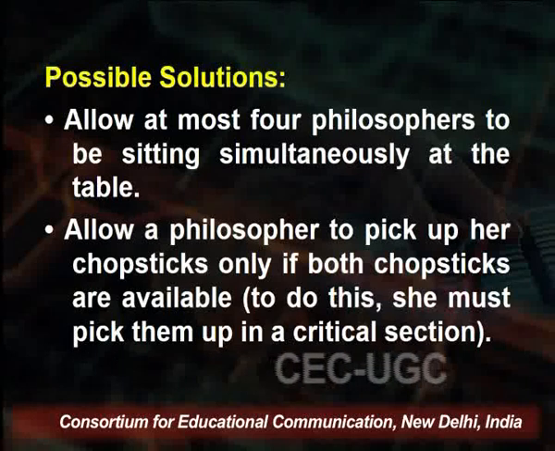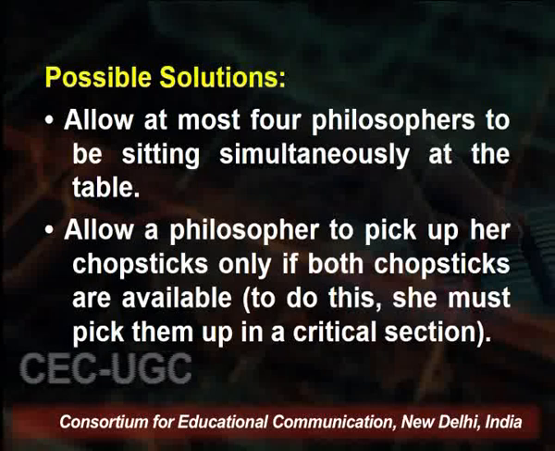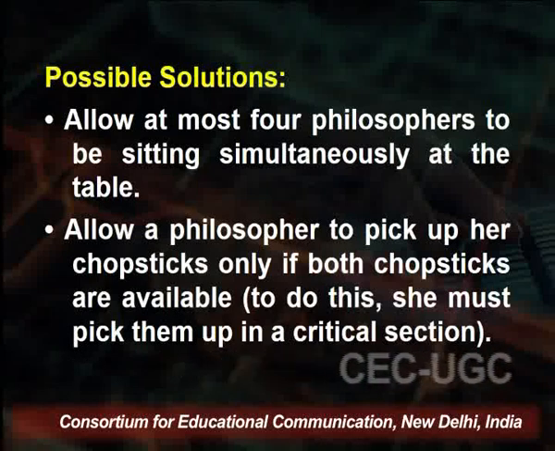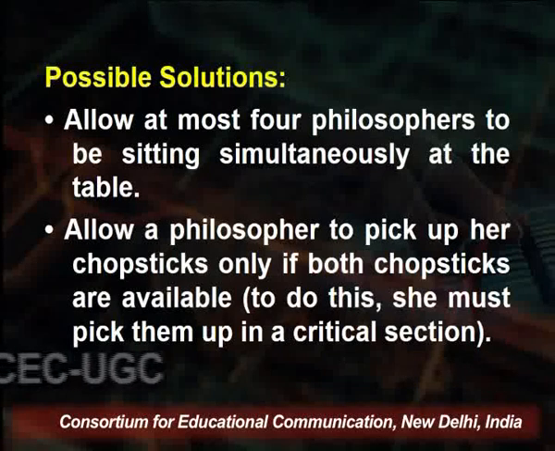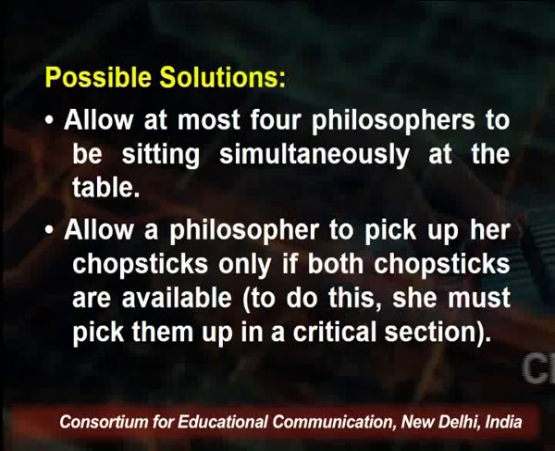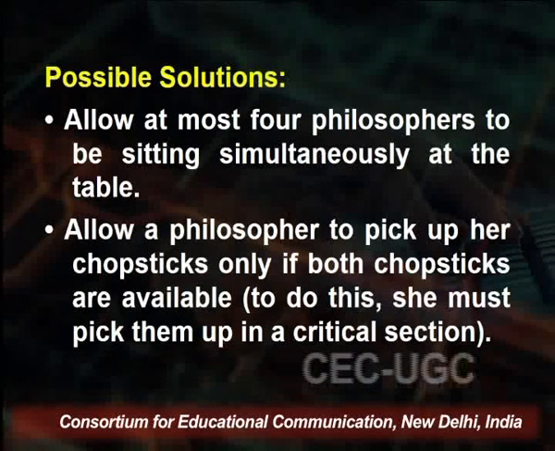Also, with this constraint, a philosopher is allowed to pick her chopsticks only if both of the chopsticks, the one available on the left and the one available on the right, are available. No one is going to hold only one chopstick. So we will be allowing a philosopher to pick up her chopsticks only if both are available.